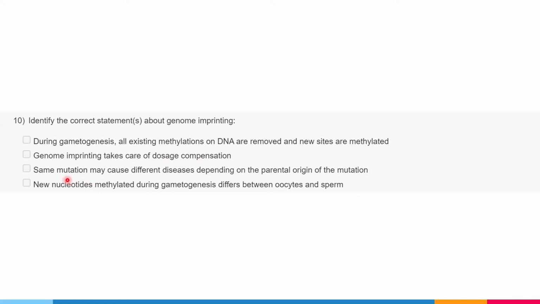C, same mutation may cause different diseases depending on parental origin of mutation. And the final one, D, new nucleotides methylated during gametogenesis differ between oocytes and sperm. So this is a multiple-select question, that is, more than one are correct. Anyone wants to go ahead and answer?